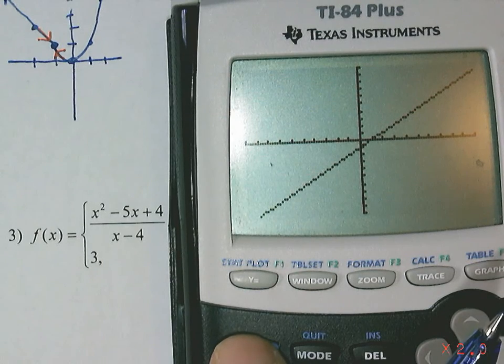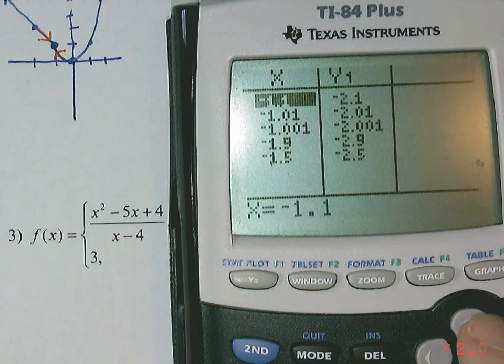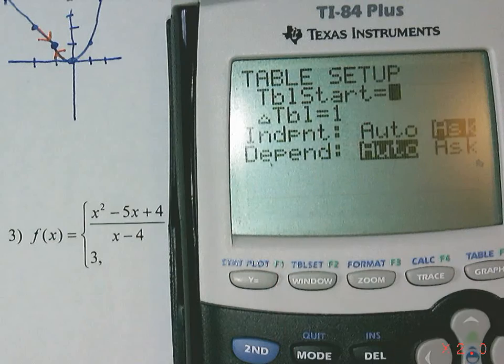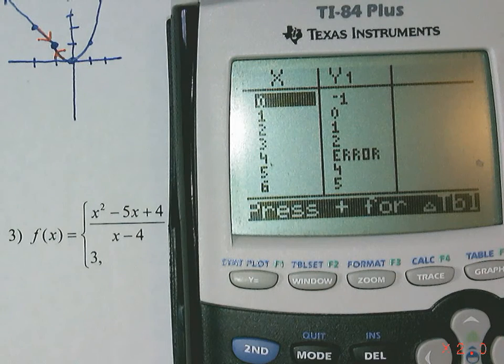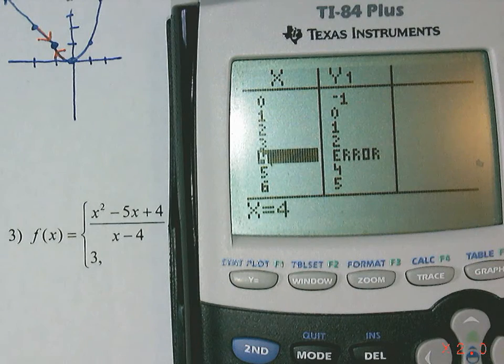If I go to my table and look at where x equals 4, I get an error. It doesn't look like it's continuous there.